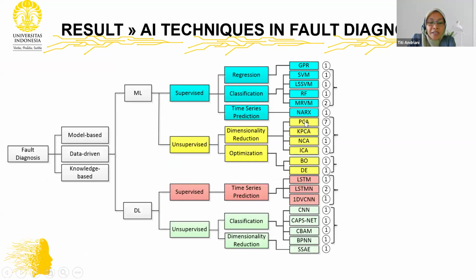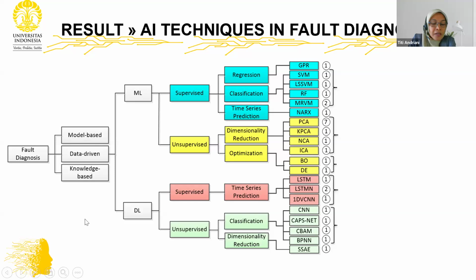Principal component analysis was the most frequently cited, appearing about 7 times, followed by MRVM, which was mentioned twice, while other methods appear only once. Meanwhile, deep learning techniques have also been widely adopted in 9 studies, with LSTM being the most frequently mentioned, about 2 times, whereas other methods appeared only once.